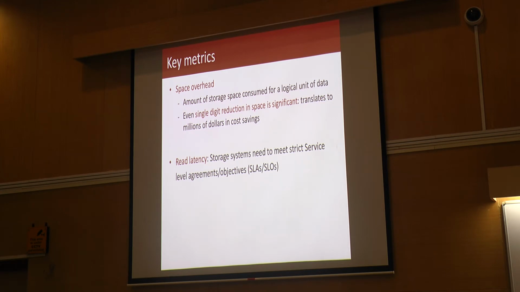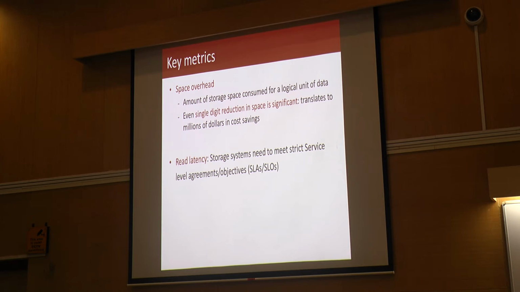Sometimes write latency also matters, but here I'm mainly pointing out read latency. These requirements are typically specified in terms of service level agreements or service level objectives, depending on whether it's a strict requirement or just an objective. In fact, many systems, like cloud storage systems, have to pay back money to customers if they don't meet these requirements, so it's very critical for them.